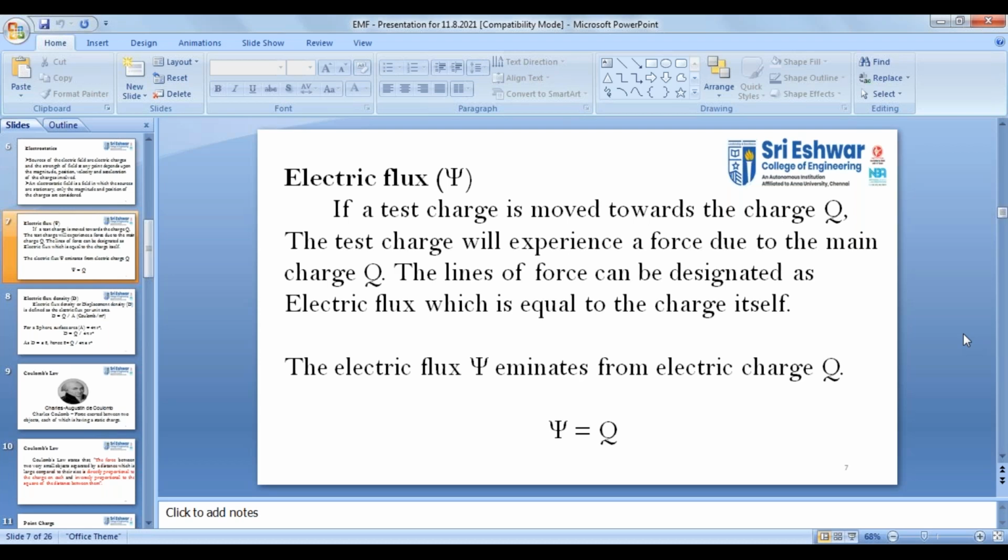So here, what is meant by electric flux?